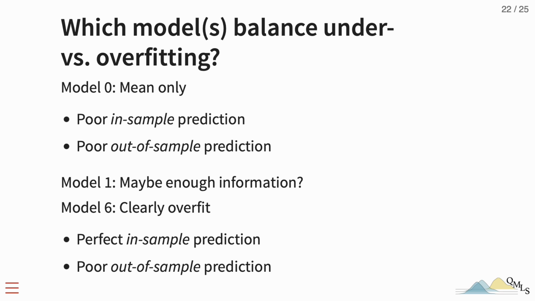That's probably really poor in-sample prediction, meaning the observed data that we have, and probably really bad for data that we don't have, what we call out-of-sample prediction. Model 1 might be good. It kind of fits with what we know about the basics of geometry. So that might be good. Model 6, clearly there's too much information there. But maybe Model 2, we don't know. This is what we need. We need explicit ways to answer these questions.